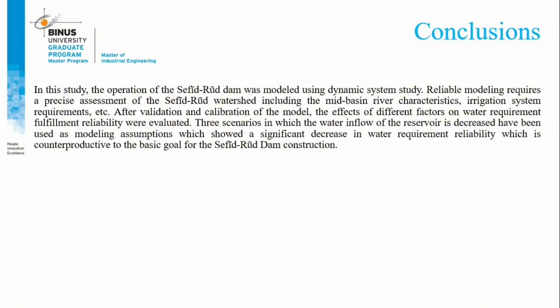Three scenarios in which the water inflow of the reservoir is decreased were used as a modeling assumption, which show a significant decrease in water requirements reliability, which is counterproductive to the basic goal for the Sevidrat Dam construction.